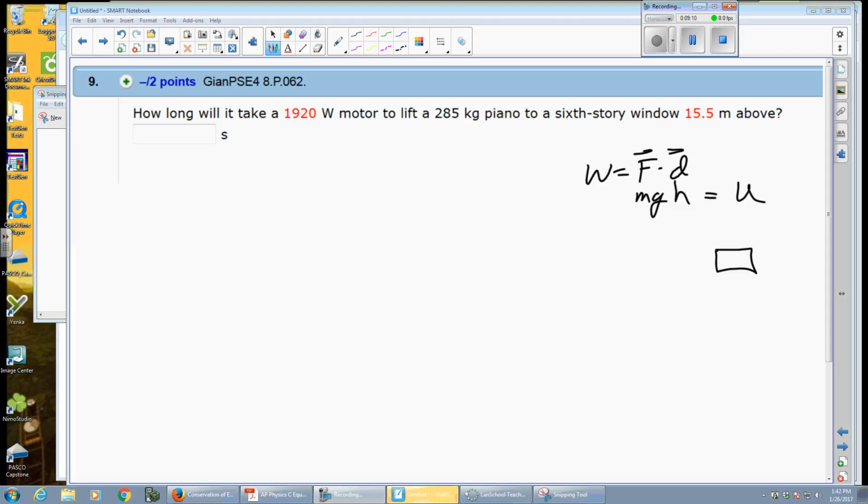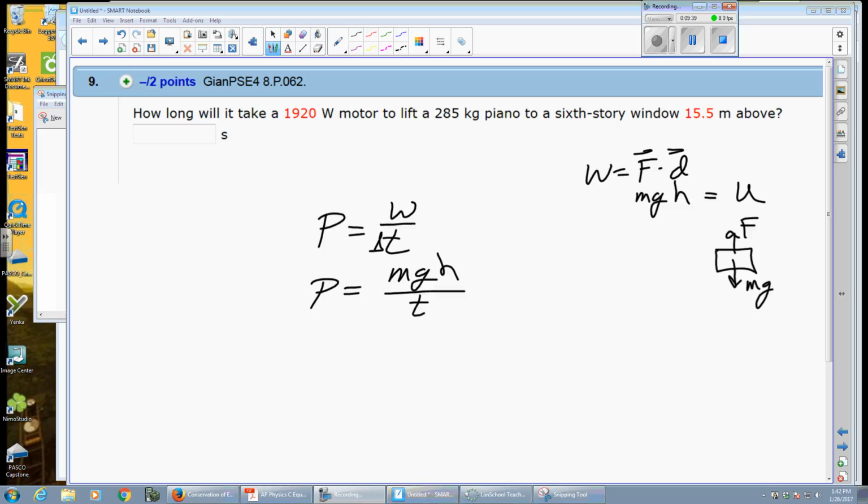Because we can do our free body. So I'm just going to use the simplest form of power: work per delta time. So mgh is the work, and delta time is what I'm looking for.